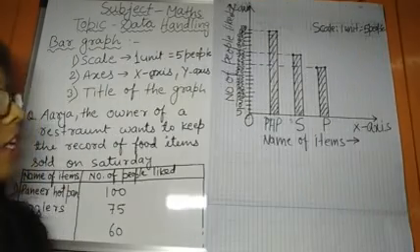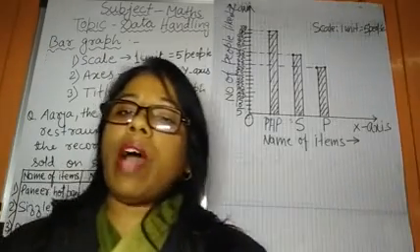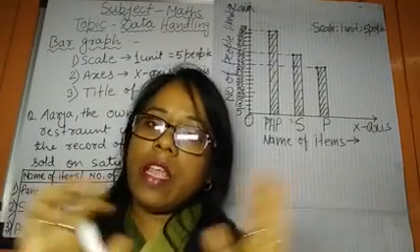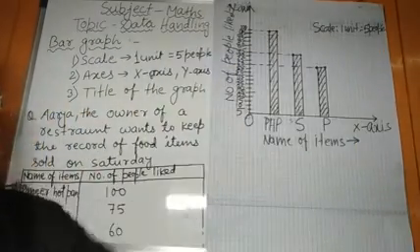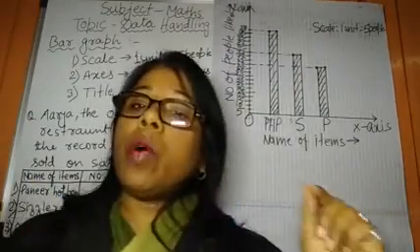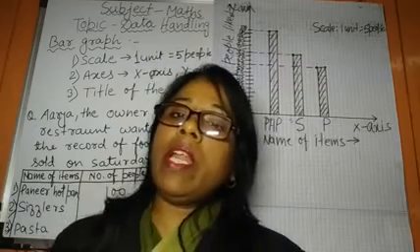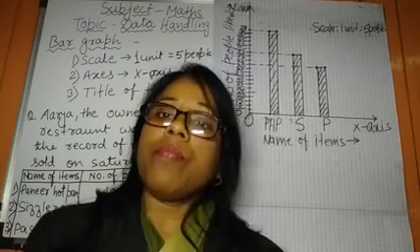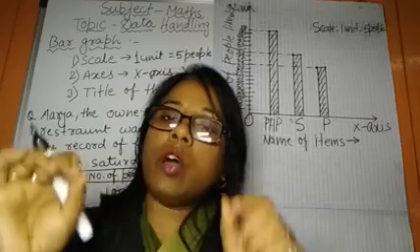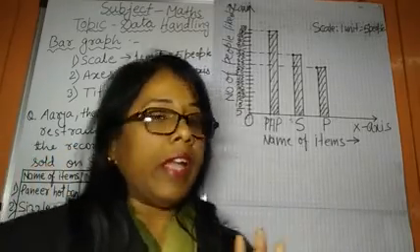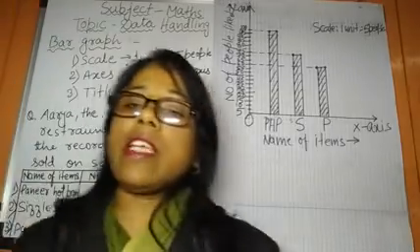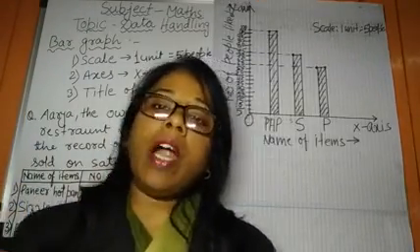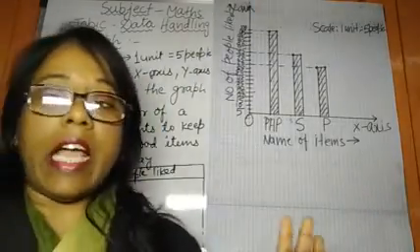On the x-axis you will put name of items, name of things, means it will be in words, and on the y-axis you will put numbers, means how many things are given to someone or how many things have been done. Fine. So all this number part you will write on the y-axis and name part you will write on the x-axis.